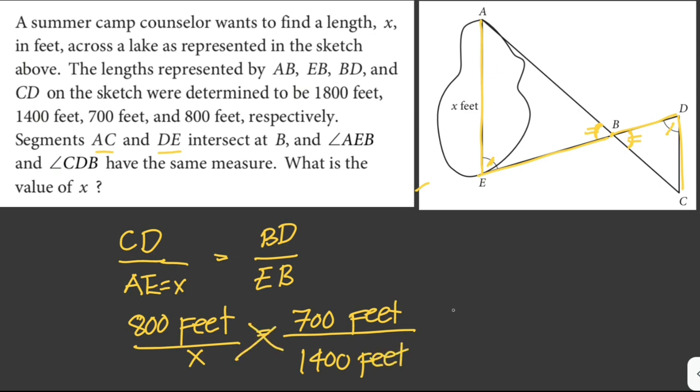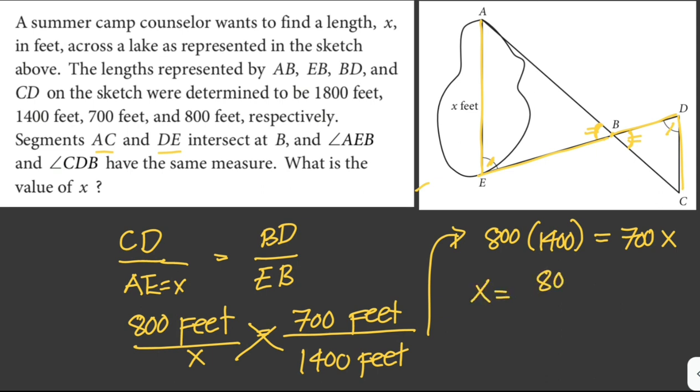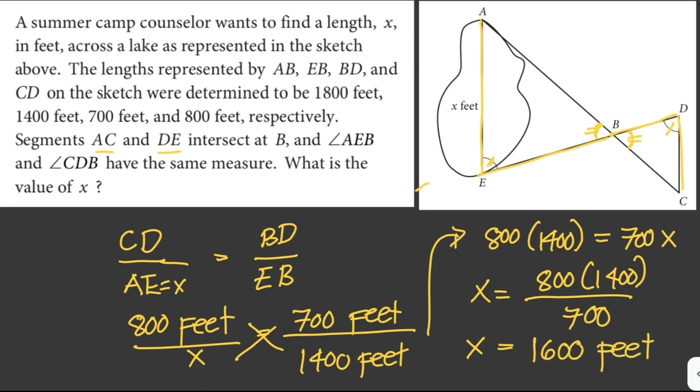We can cross multiply this, then we have 800 times 1,400 equals 700x. Then x is just equal to 800 times 1,400 divided by 700, and that is equivalent to 1,600 feet. Therefore, the measure of this side AE is just equivalent to 1,600 feet.